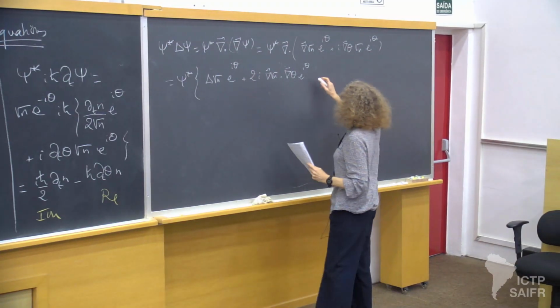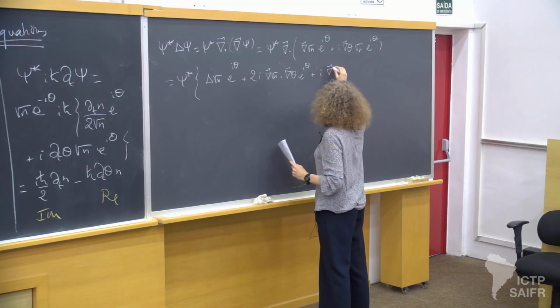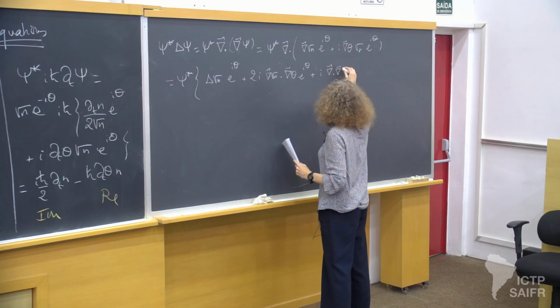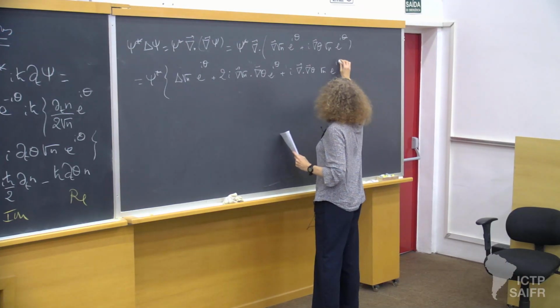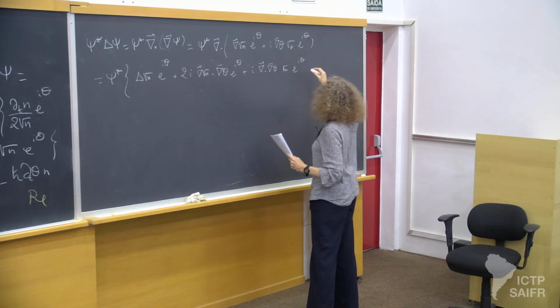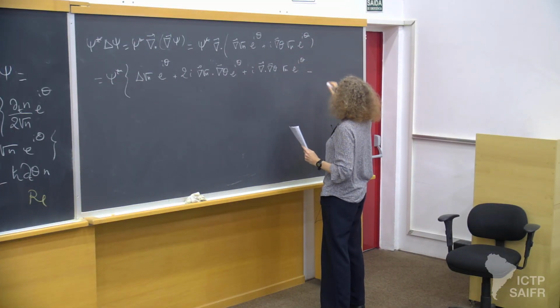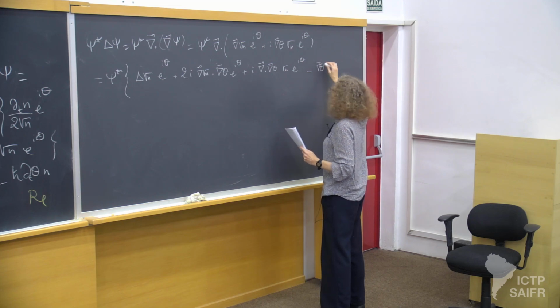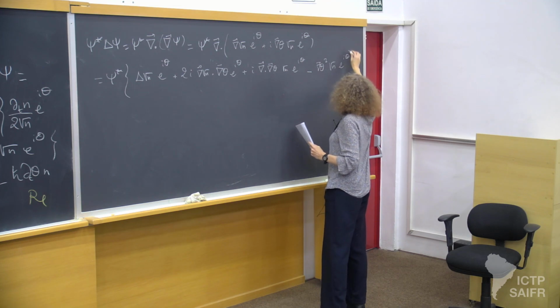So for this one, I have plus I, the divergence of gradient of theta, square root of n e to the I theta. And for this one, I have minus, because I and I, the gradient of theta squared, square root of n e to the I theta.